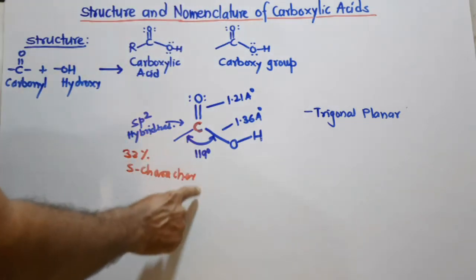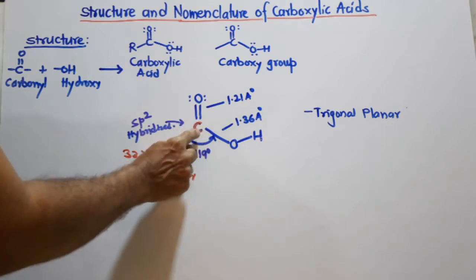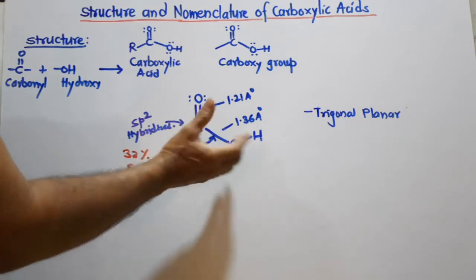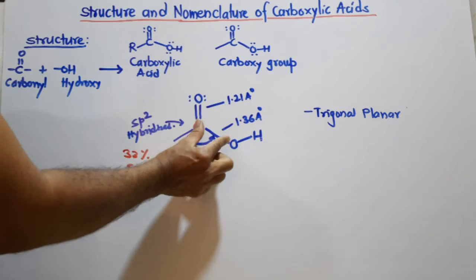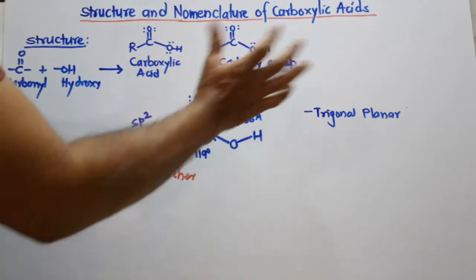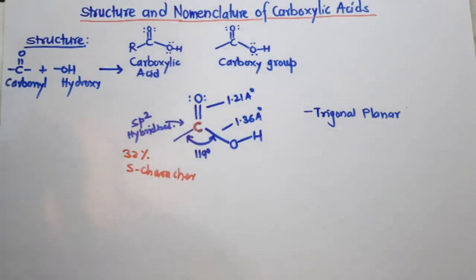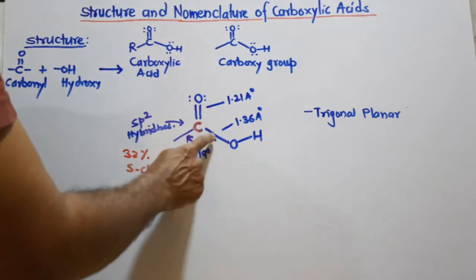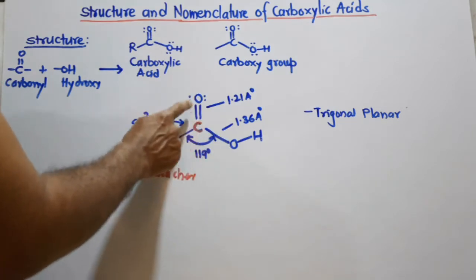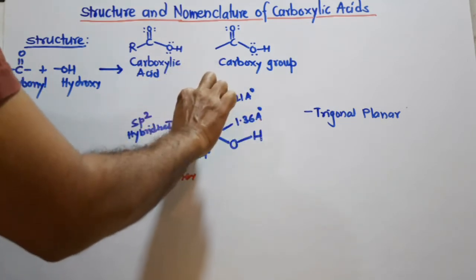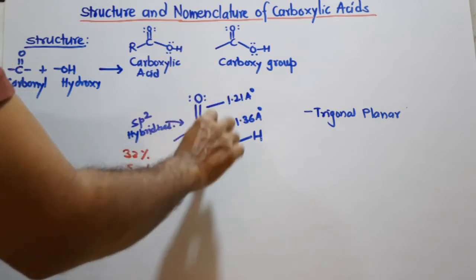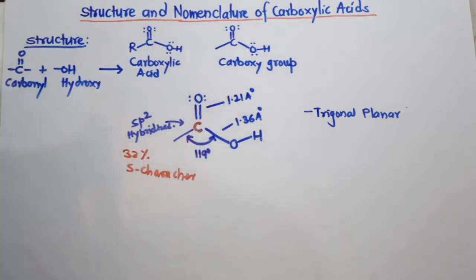So because of more s character, this carbon is more electronegative, and because of that, this bond becomes shorter. So when you compare with alcohols, this bond is shorter than in alcohol, but in carboxylic acid, this carbon-oxygen double bond is shorter than the carbon-oxygen single bond.